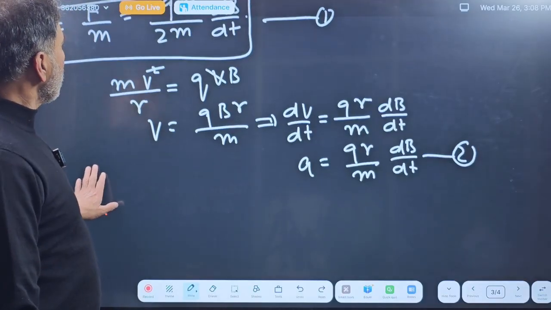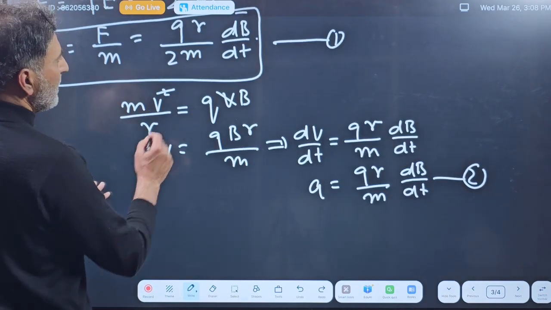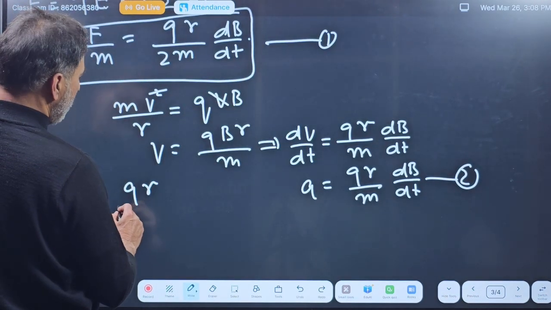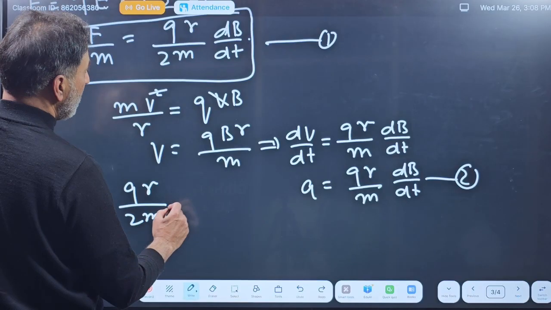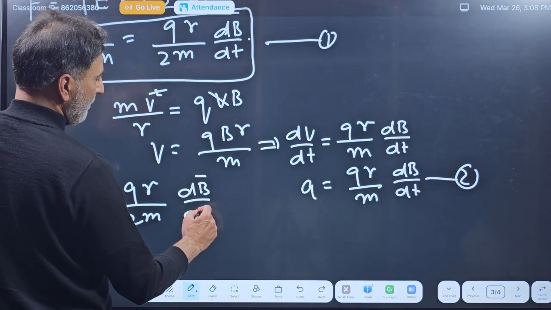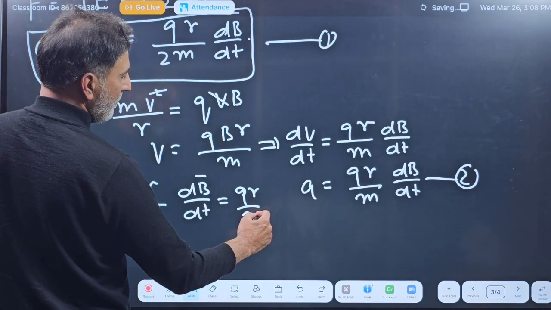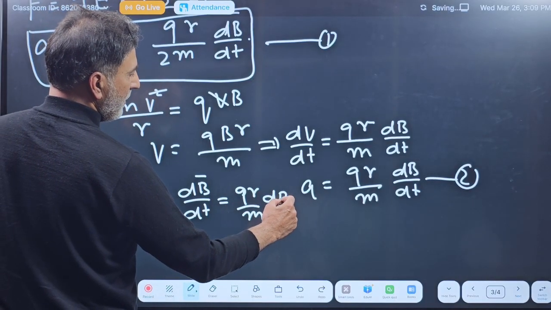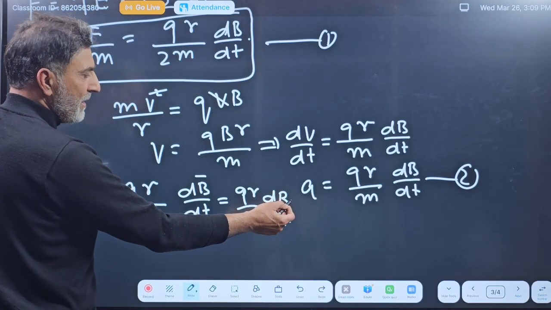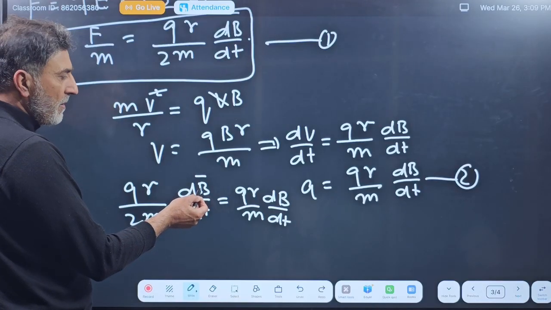If we equate the two accelerations, that is equating first and second, QR by 2M dB bar by dt is equal to QR by M dB by dt. This is the magnetic field on the periphery of the circle, and this is the average magnetic field inside the circle, right?